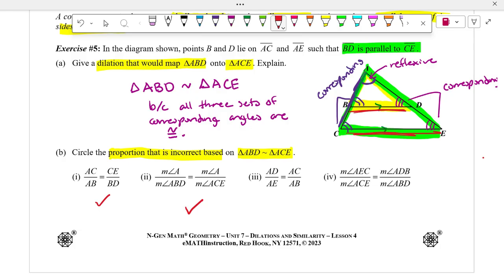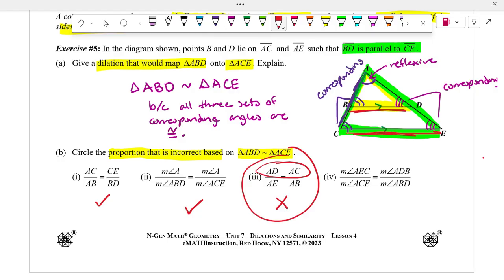Yes, they're corresponding sides. But what's going to happen is, if you look directly across AD and AC, do those two sides come from the same triangle? No. So that right there is what makes that proportion incorrect. So this is the one that's incorrect.